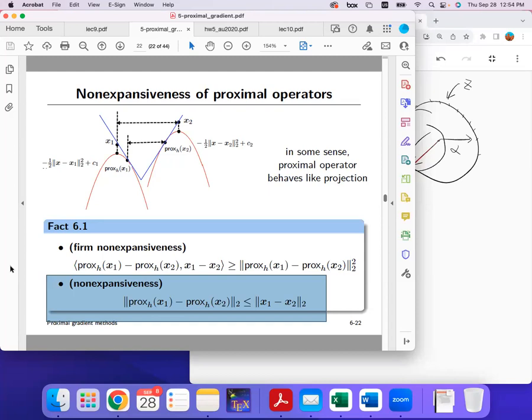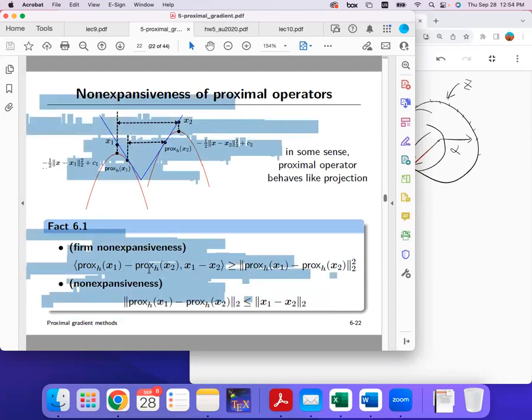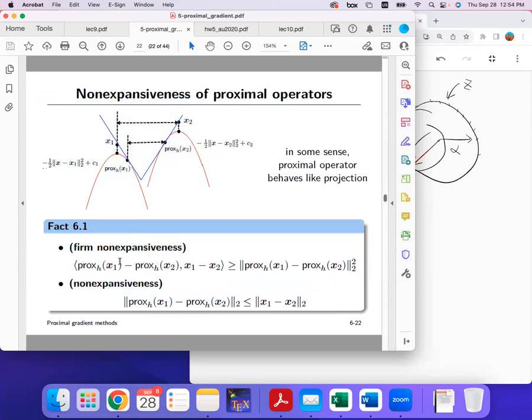It shows that the difference between these two proximal points, and this is a difference vector, taking the inner product with the difference of these two points is bigger than or equal to the square of the distance of these two proximal points. So the first bullet implies the second bullet simply by the Cauchy-Schwarz inequality.